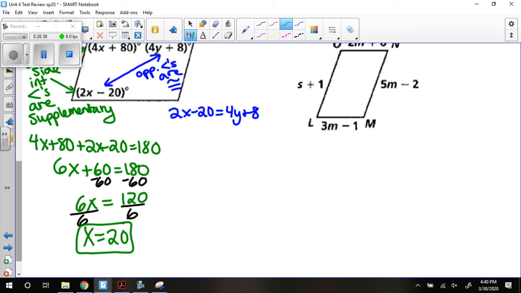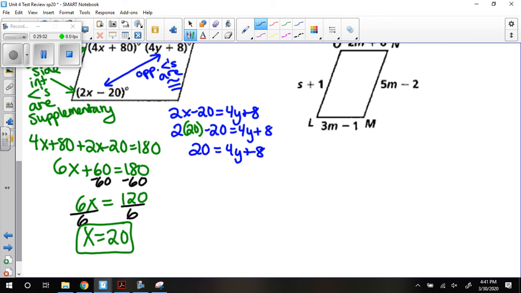Okay, I'm going to use that now to solve this other equation. We've got a 2. We can plug in our 20. Then minus 20 equals 4y plus 8. Okay, 2 times 20 is 40, and 40 minus 20 is 20.